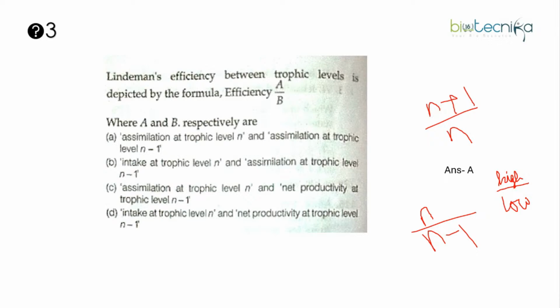So if you consider rabbit as n, then fox will be n plus 1 because it is a level higher. If you consider fox as n, then rabbit will be n minus 1, a level lower. Understood? But it is always higher trophic level divided by the lower one. That is your efficiency formula.